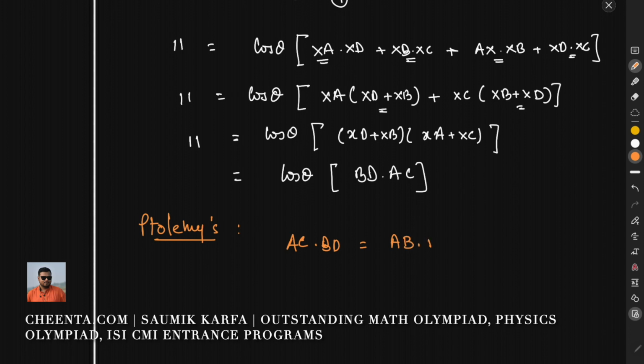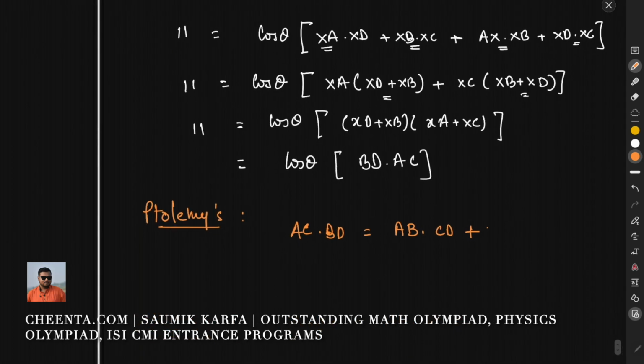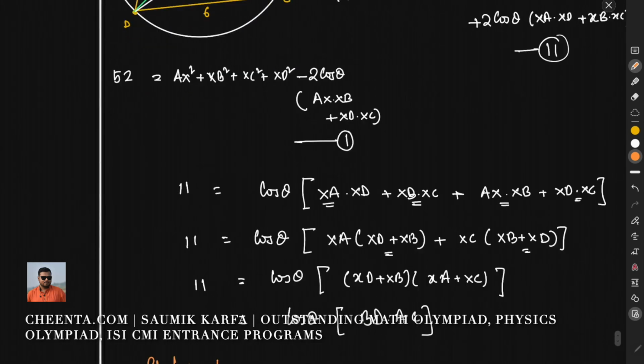So AB times CD, the product of two opposite sides, plus BC and AD. Fantastic. BC and AD.